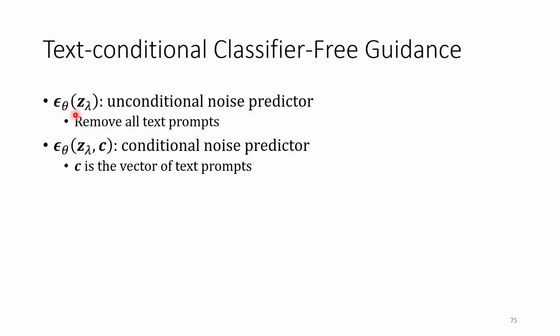Jonathan Ho's classifier-free guidance scale was originally applied to class labels, and it can be easily extended to text prompts.